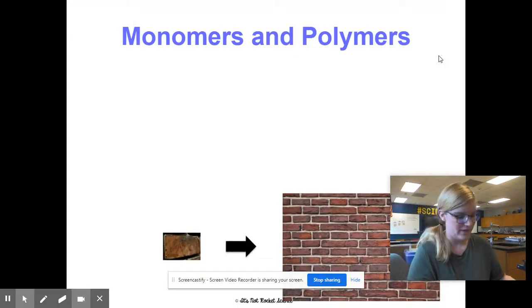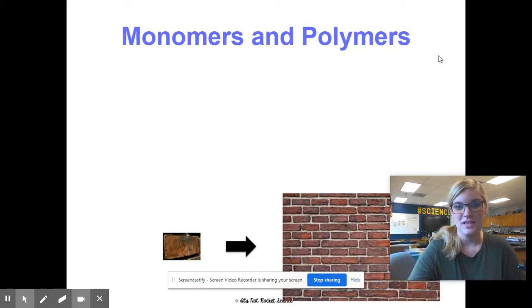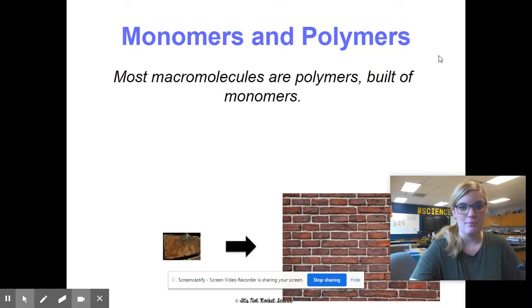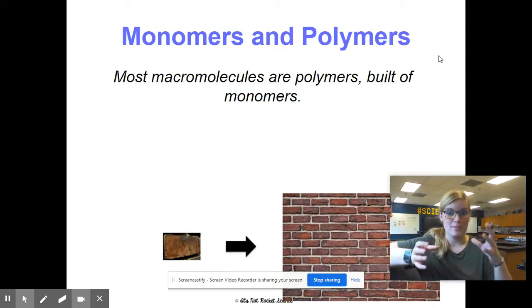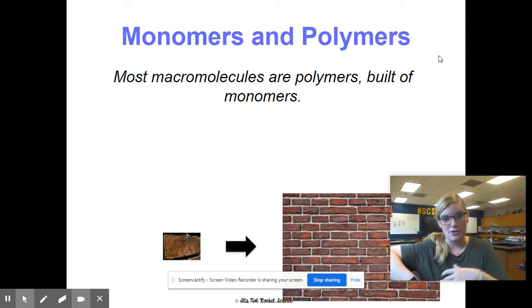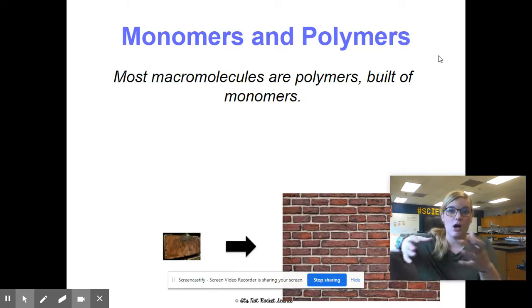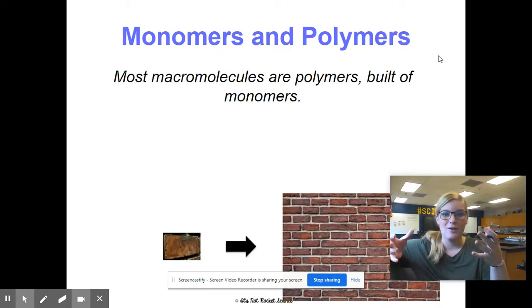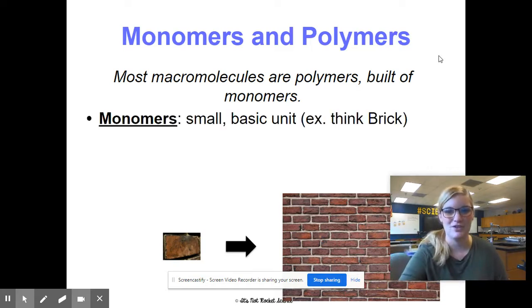Okay, so then we need to talk about monomers and polymers. And the reason is that our macromolecules are usually going to be polymers. And polymer, if you look at our Latin roots, poly means many and mono means one. So macromolecules are our poly or many monomers put together, which sounds a little confusing, but let's run through it.